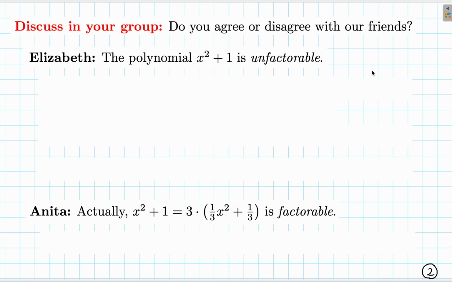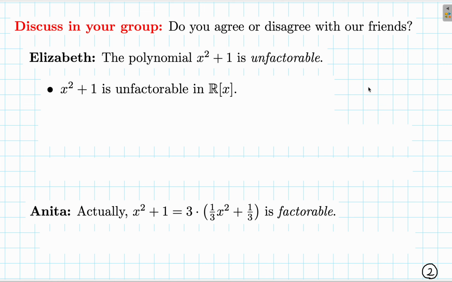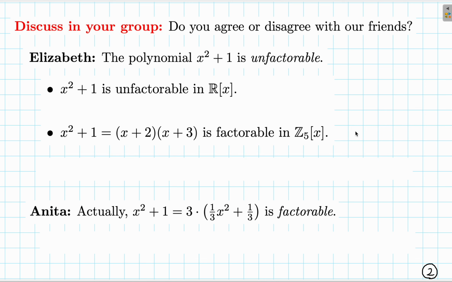Let's start with Elizabeth's claim that x squared plus 1 is unfactorable. Now, this is true if we're in R[x]. In other words, if we view these coefficients to be real numbers. However, if we are in Z5[x], then x squared plus 1 does factor as (x plus 2) times (x plus 3). And to verify that, let's multiply this out and see what we get.